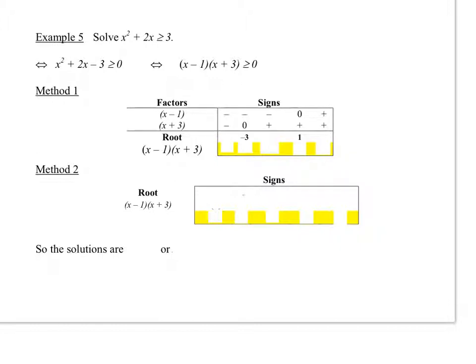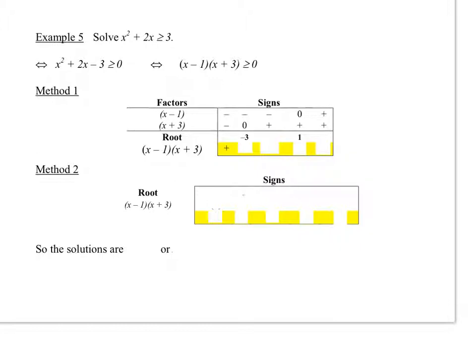And then look at what happens when we multiply x minus 1 times x plus 3, because that's actually what we're interested in. We want to know, does it give you a positive value? We're interested in when this thing is positive, when it's bigger than 0. So, if we multiply a negative times a negative, what we get is a positive.